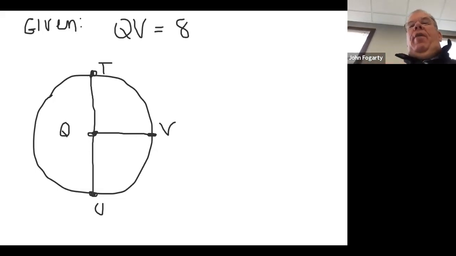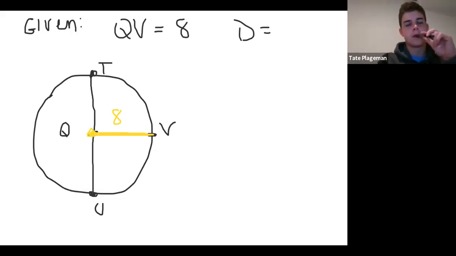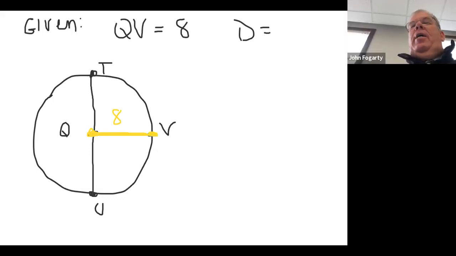If I tell you QV equals 8, somebody tell me what the diameter is. So look at your picture. QV is right here, and I tell you that's 8. What kind of segment is QV? A radius. But I didn't ask you for the radius. I asked you for the diameter.